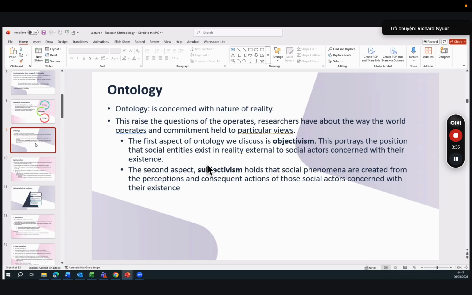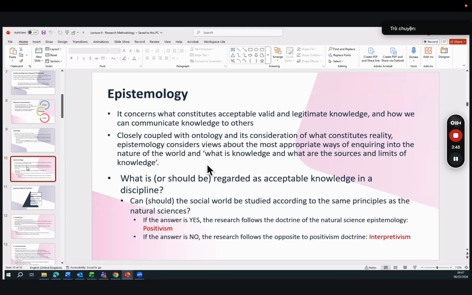It is through the interactions that reality is generated and knowledge is generated. For epistemology, it is more concerned about the legitimacy of the knowledge that is generated and how that knowledge can be communicated to others.